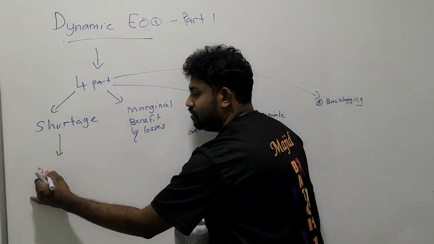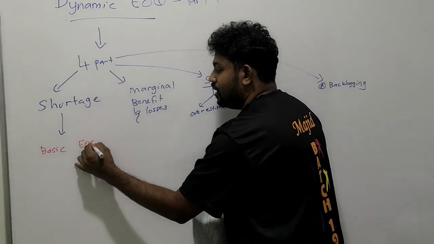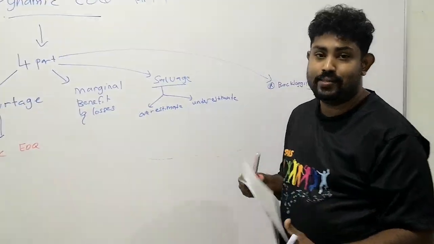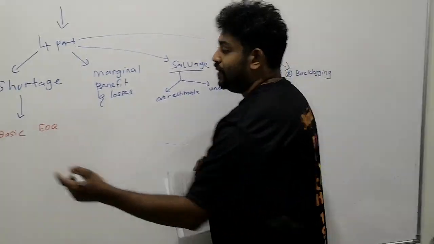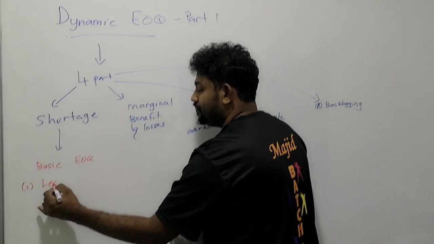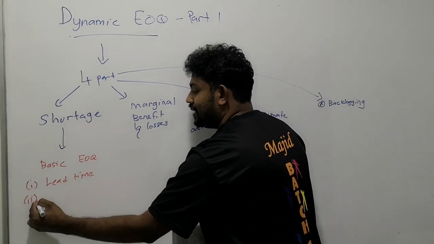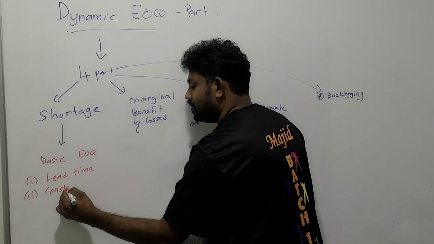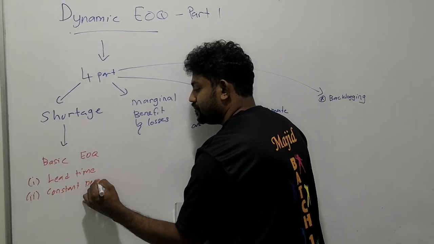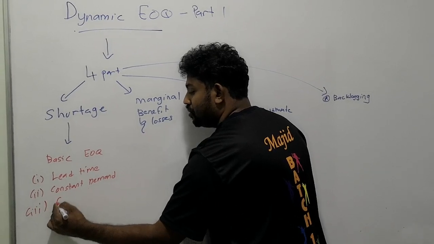on the basic EOQ, we always have assumptions to follow. The first one is we always know there is a lead time. We will have a constant demand. Then we will have no shortage.